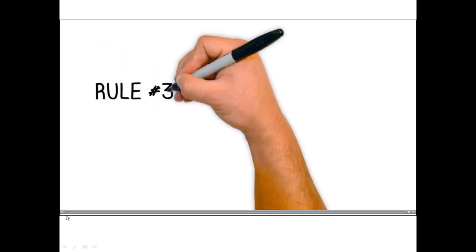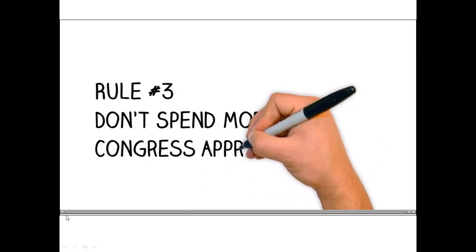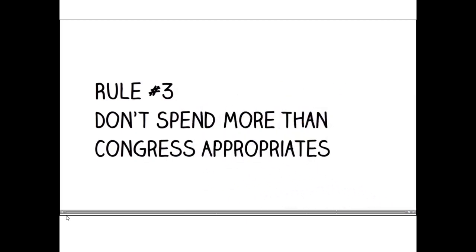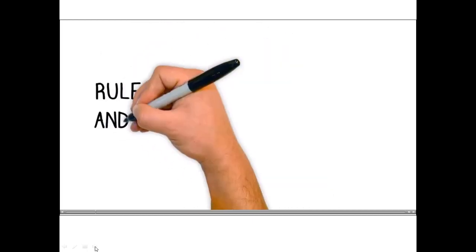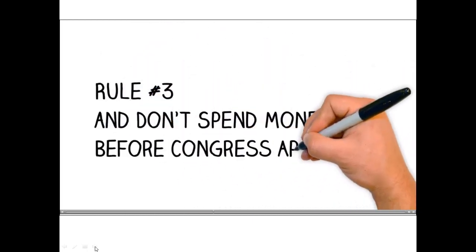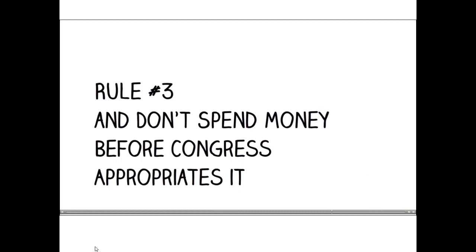Rule number 3: don't spend more than Congress appropriates, and don't spend money before Congress appropriates it. This is a no-brainer.